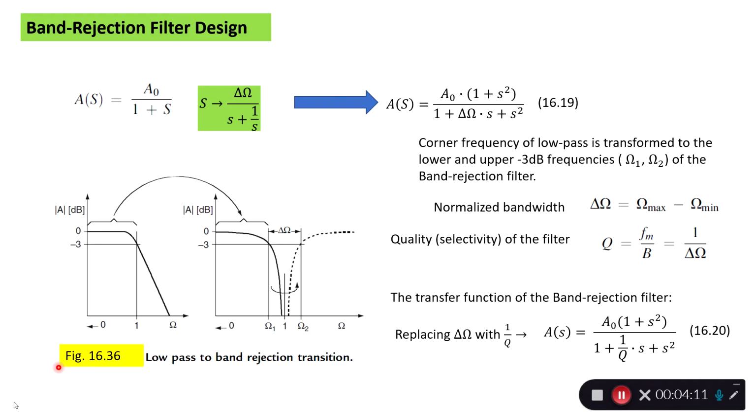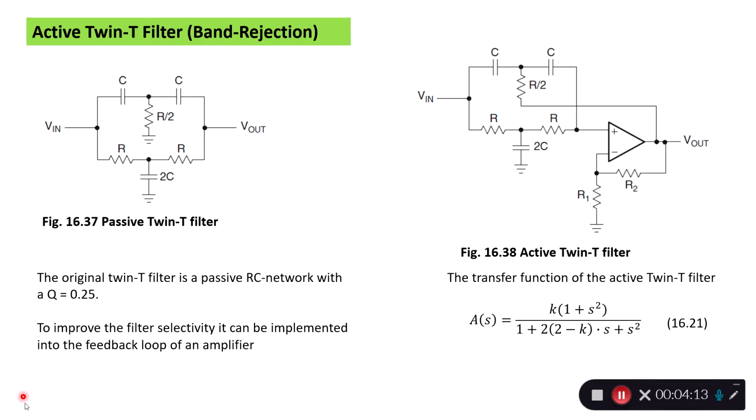Yeah, let's go further. We know a specific filter called the twin T filter. It's a band rejection filter. Here we can see a passive type. It is simply a combination of low pass and high pass filters summed together.